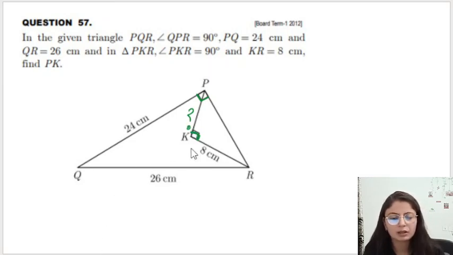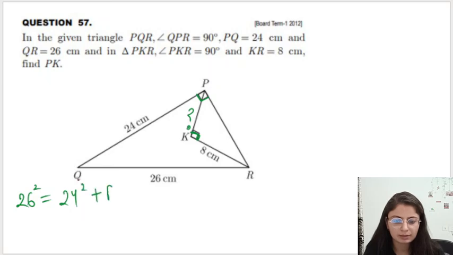Okay. Now, since this bigger triangle PQR is a right angle triangle, right? So we can use Pythagoras theorem in this triangle, right? So using Pythagoras theorem, what we will have? So hypotenuse, which is 26 का square, equals to 24 का square plus PR square, right?